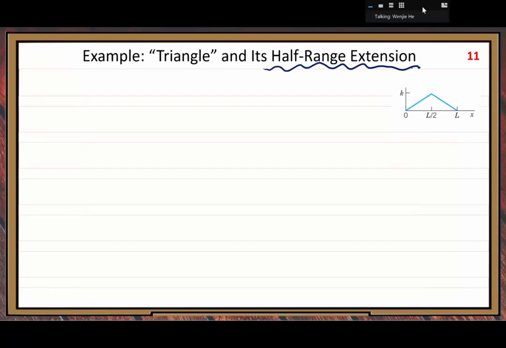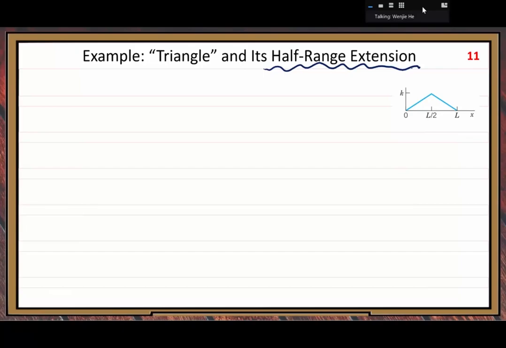So we need to do an extension to make a valid periodic function. Then we can do the Fourier series expansion. The first step is to extend it as a periodic function, but there are different ways to do it. It's not a unique way. We have many different ways to do the periodic extension.